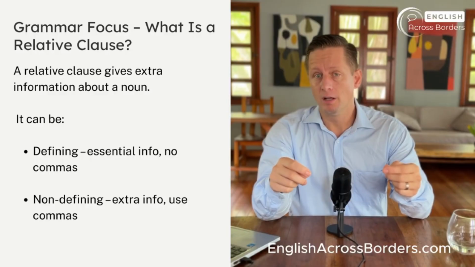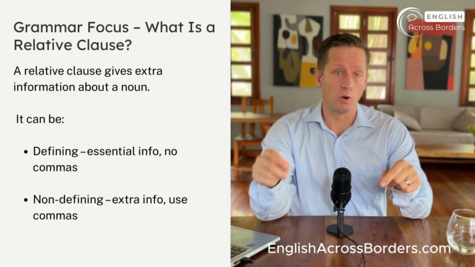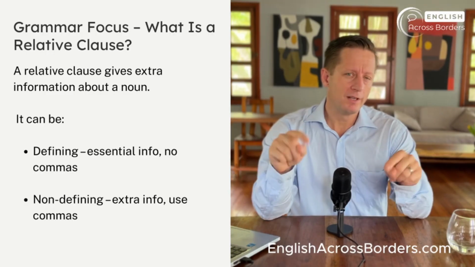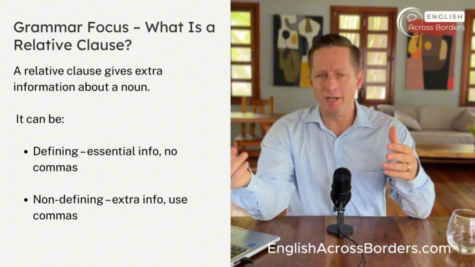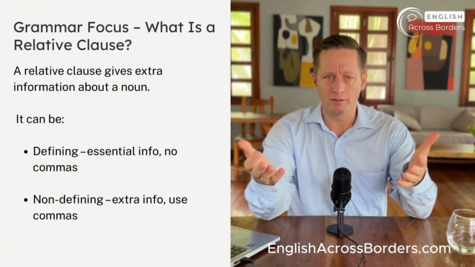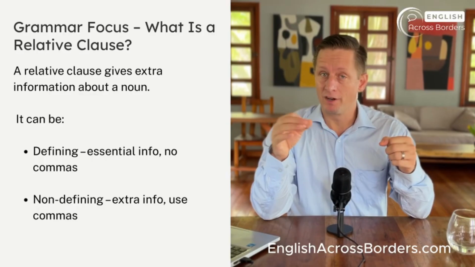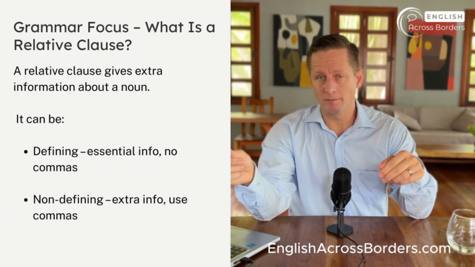For example, the employee who signed the contract started work on Monday. Now, a non-defining clause adds extra information, but it is not essential. It is not vital. For example, the client who arrived late missed the hearing.